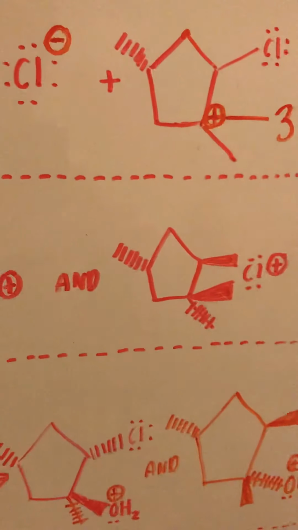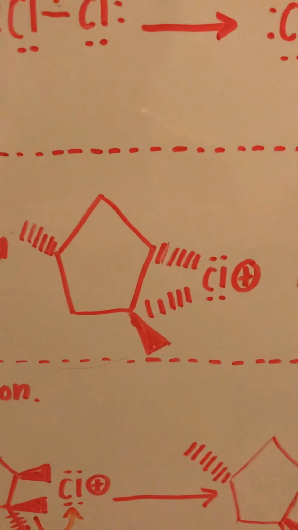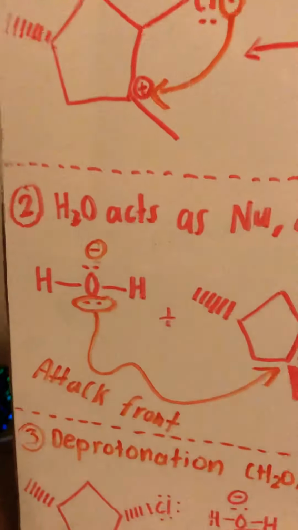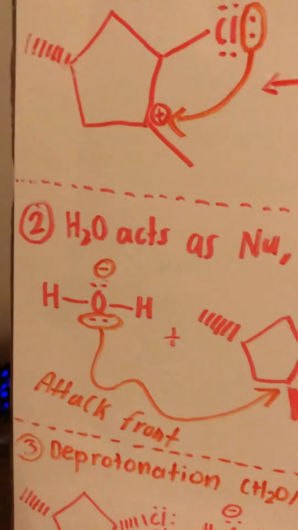So in these two molecules the chlorine atoms are cis to each other. Now what this is going to do is create some stereochemistry constraints on where the water molecule is able to attack in the next step of the reaction mechanism.